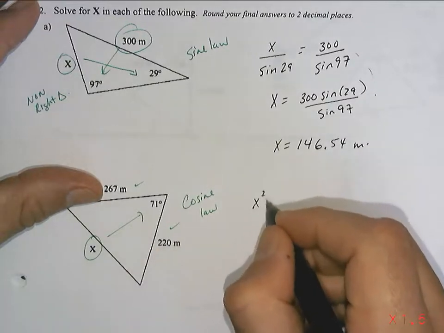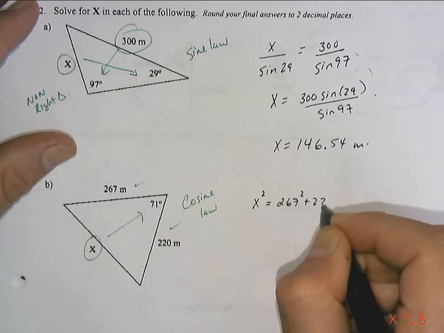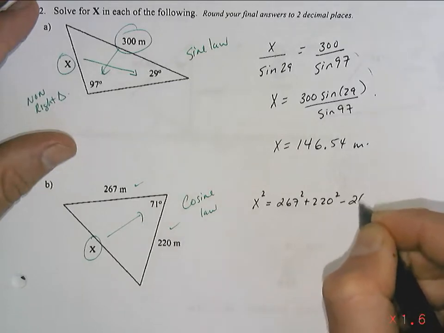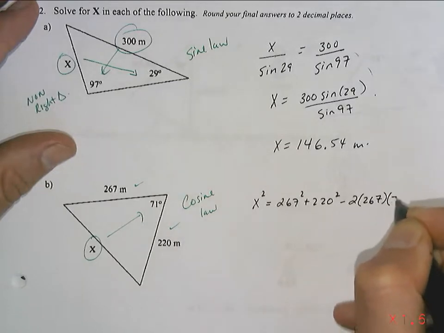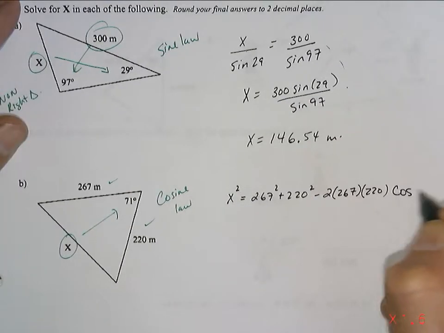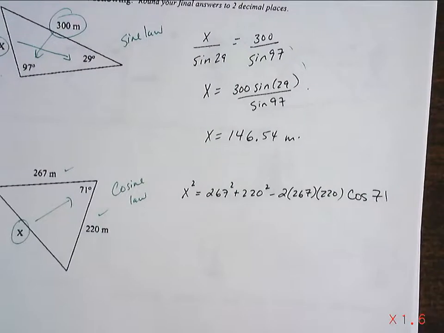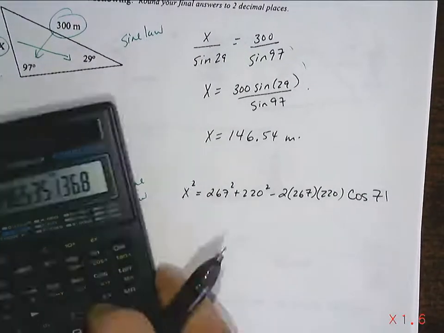So it's x squared equals the other two sides squared, subtract 2 times the other two sides. It helps if you say it out loud, to be honest with you. Times cosine, because it's the cosine law, of the angle opposite it. So again, it really helps to say it out loud. That would be my first step.